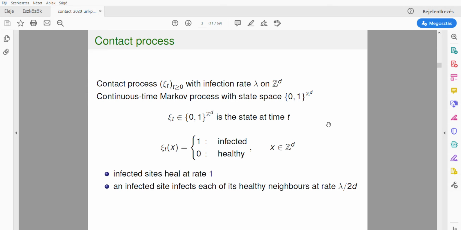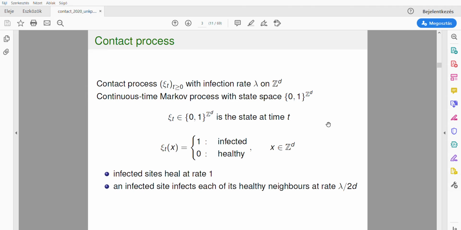So if an individual infects each of its healthy neighbors at rate lambda divided by 2d, then that means the following. If I'm infected, then I have a different clock. Now I also have an infection clock with me, and the rate of this exponential clock is lambda.